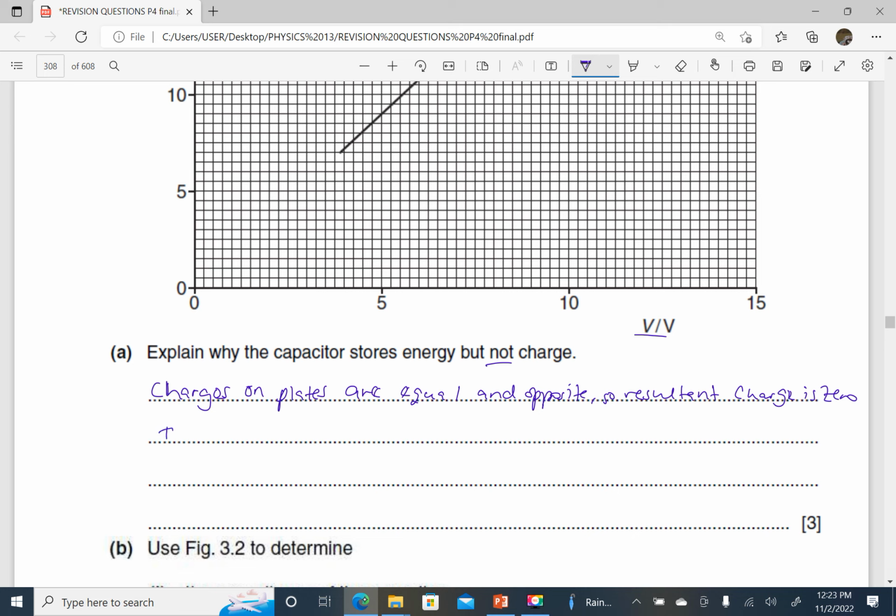The work done in separating the charges is the energy stored by the capacitor.